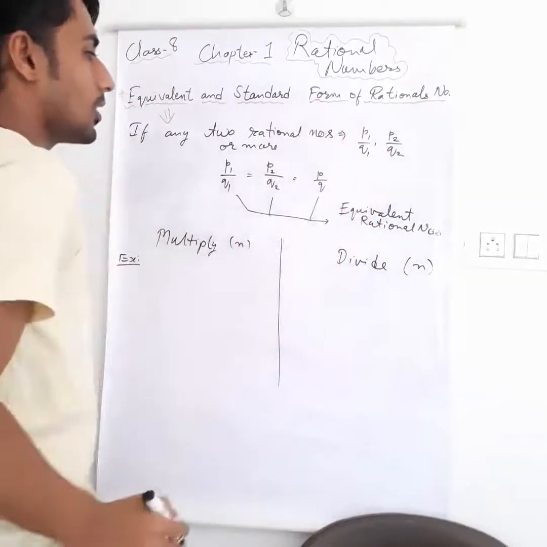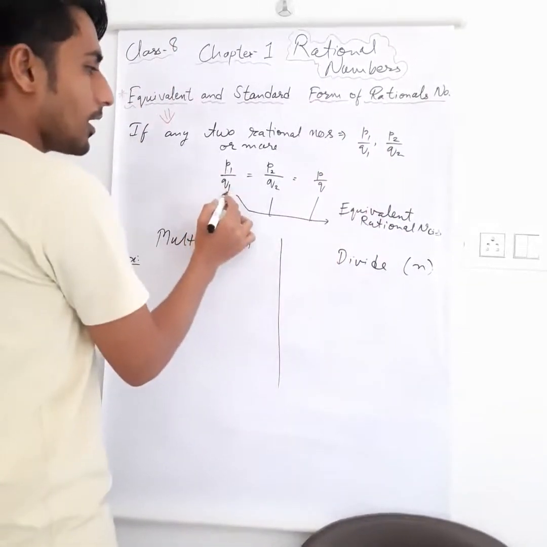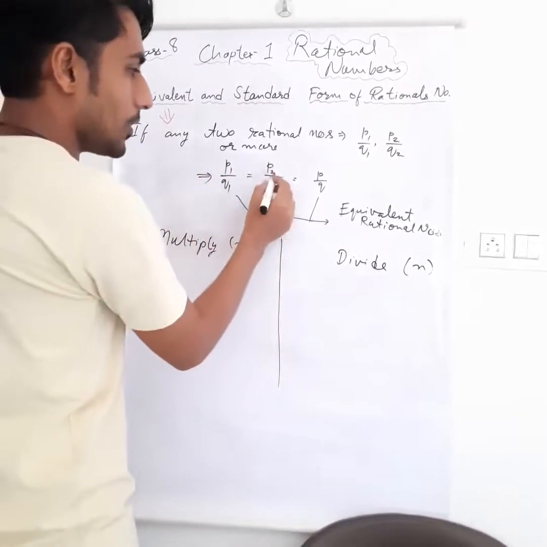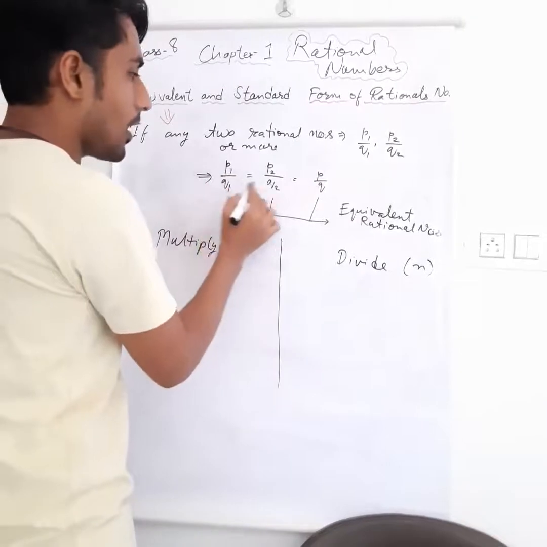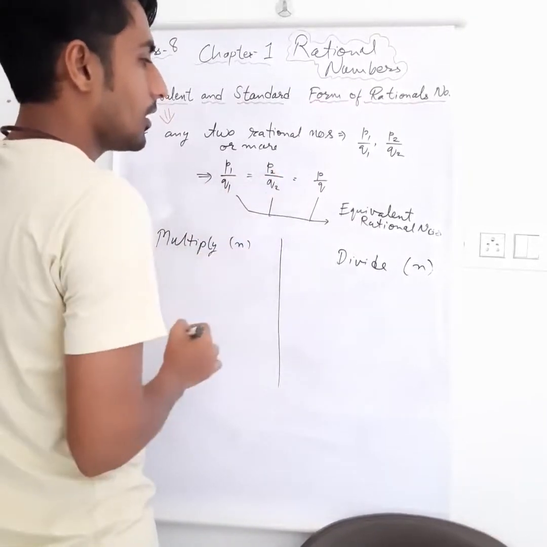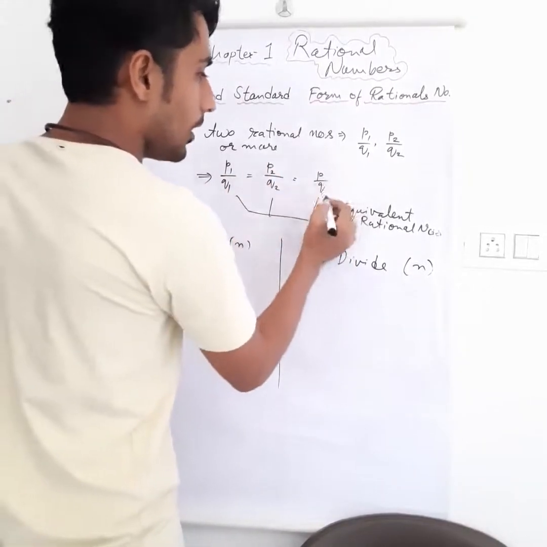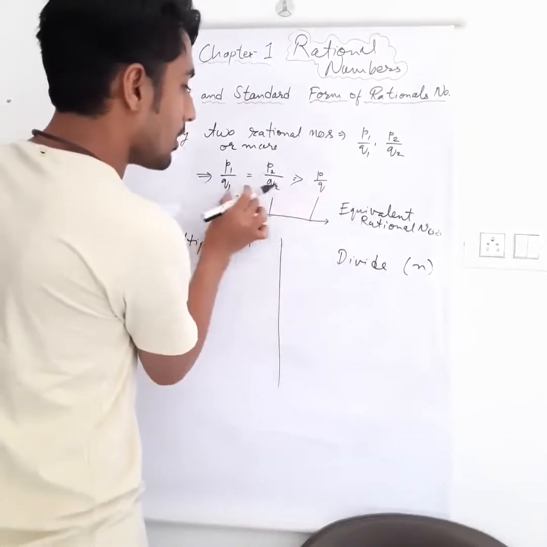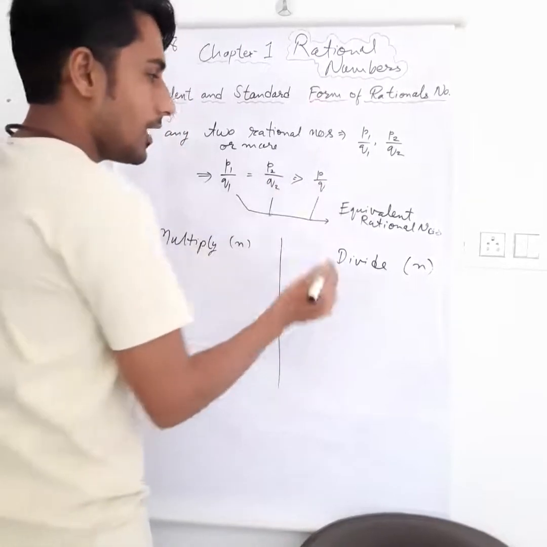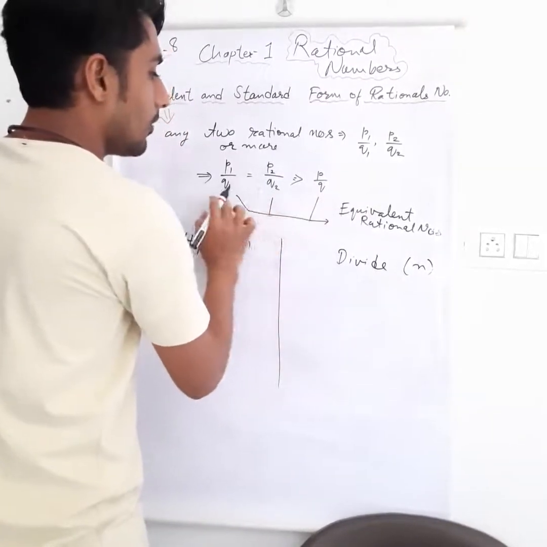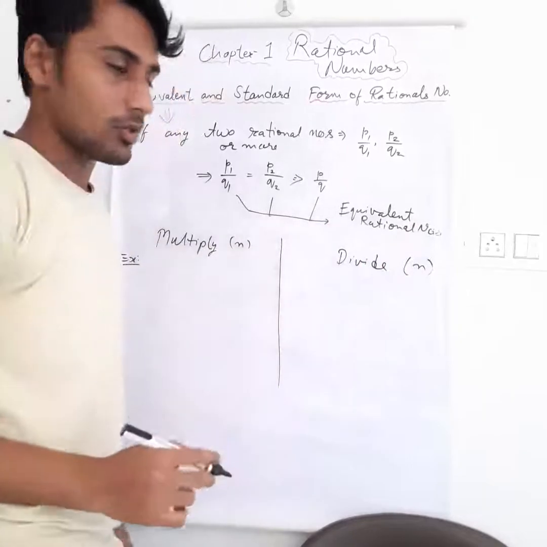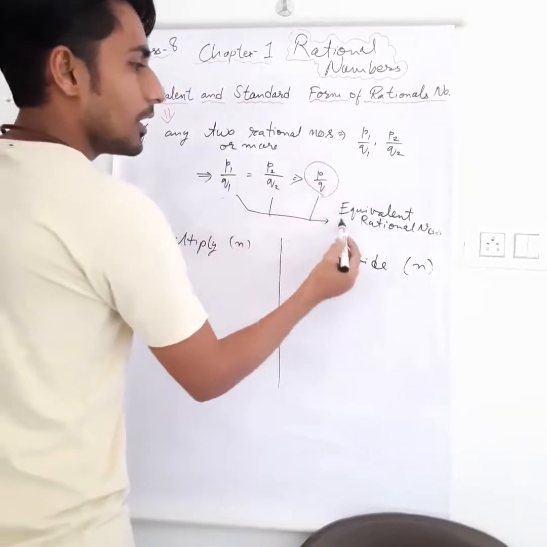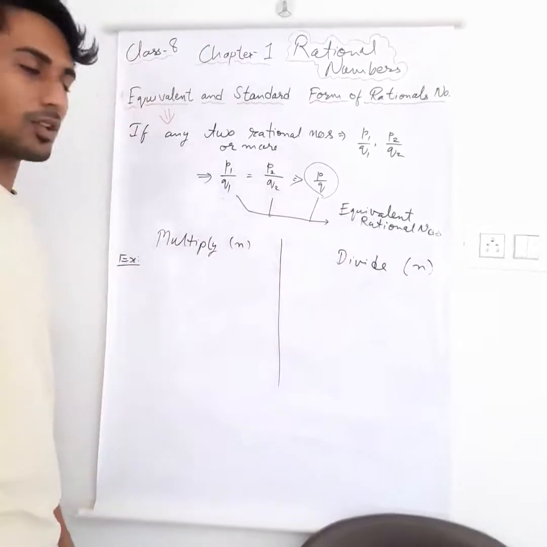If p1 by q1 gives the same value as p2 by q2, then these will be called equivalent rational numbers.